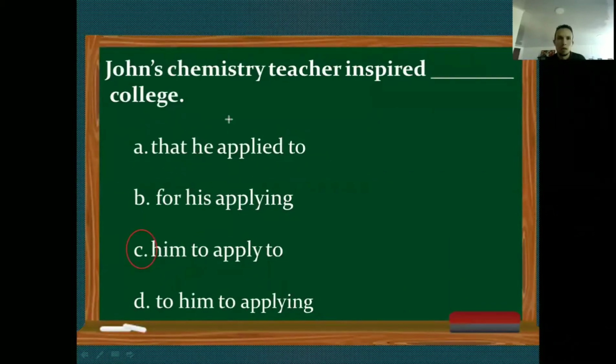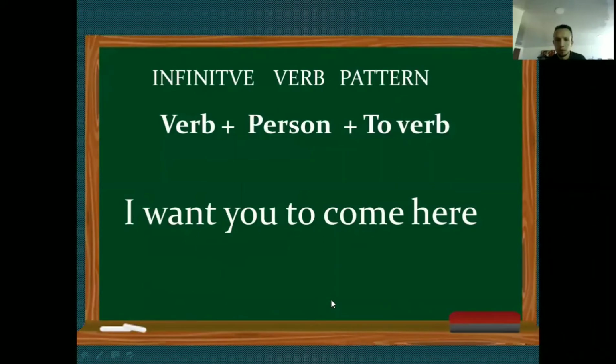Okay, well guys, in order to explain you this one, we need to see something that is called infinitive verb pattern. Okay, how it goes. In a sentence, we can have two verbs, and in the middle of those two verbs, we can have a person.